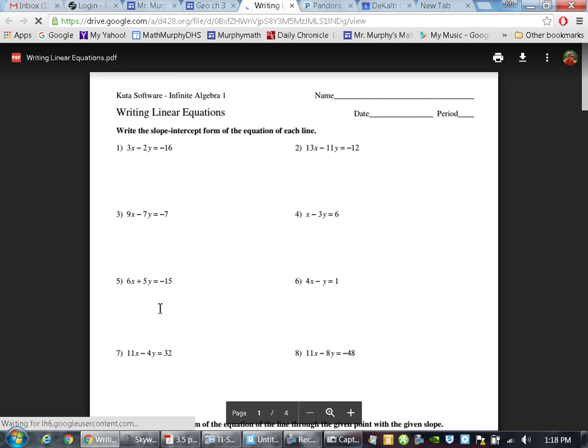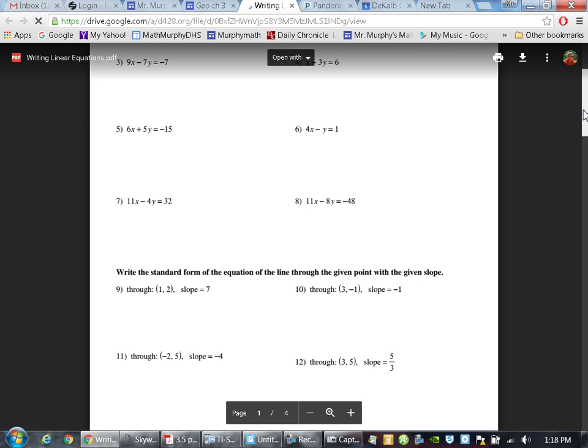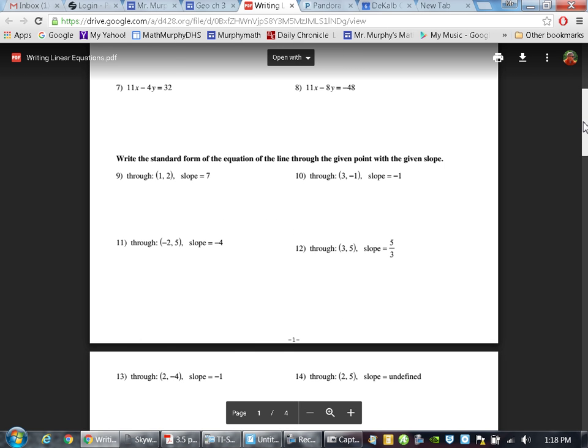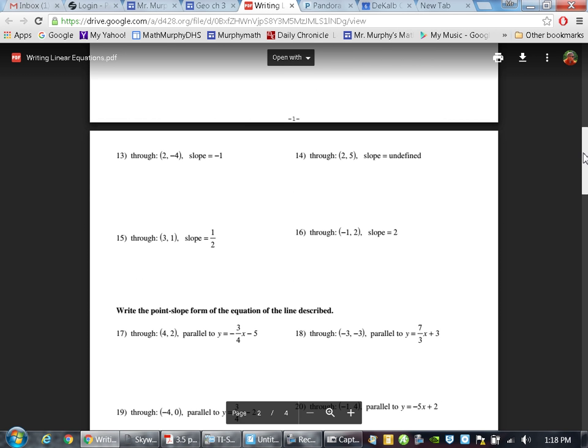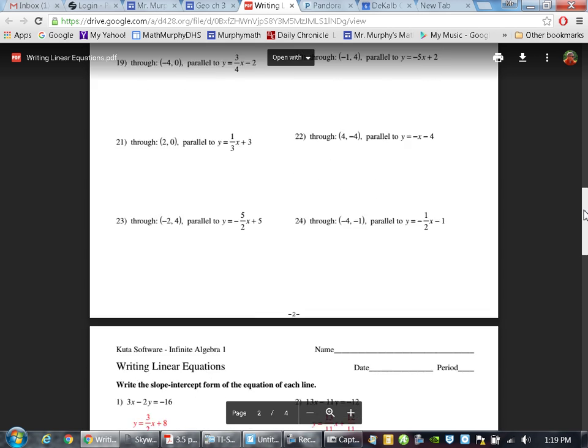Click it, and I have you doing 6 through 24 evens. What I have on here is some of the ones where you were asking about what happens when you have x and y on the same side, or you just have to get y by itself. So you'd have to move a couple of things. On this sheet, it's equations of the lines with a point and a slope. Solve for y. Points and slopes. And I've got a couple of parallel and perpendicular ones.